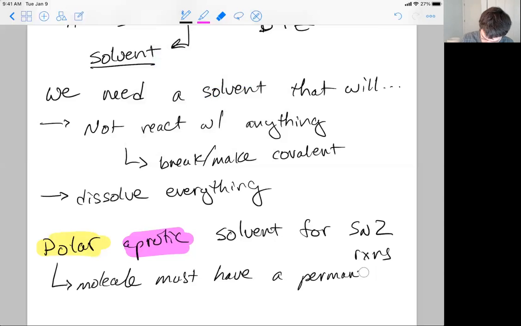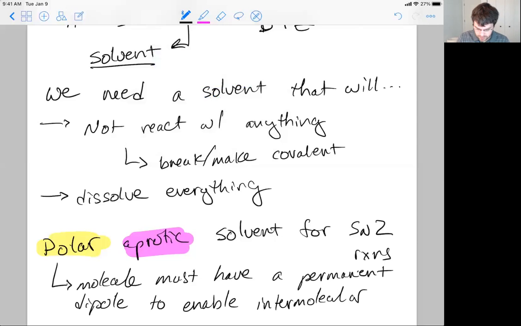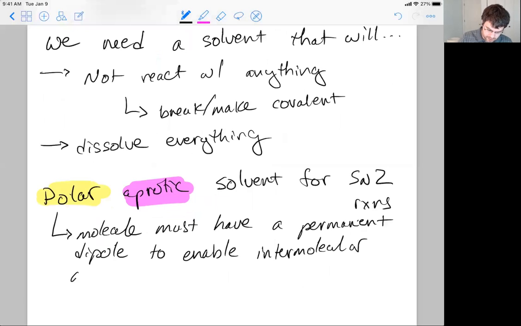Spelled that wrong. So it needs a permanent dipole. What this allows for is intermolecular attractive interactions with all reactants.